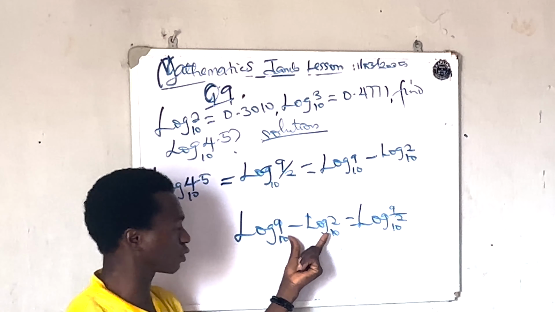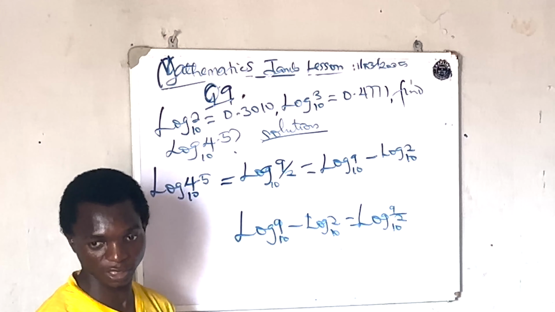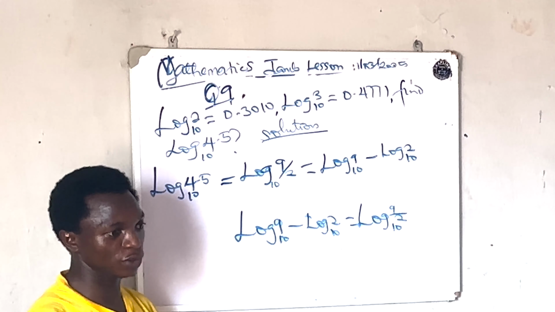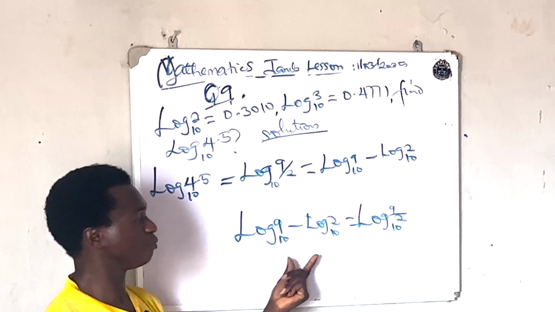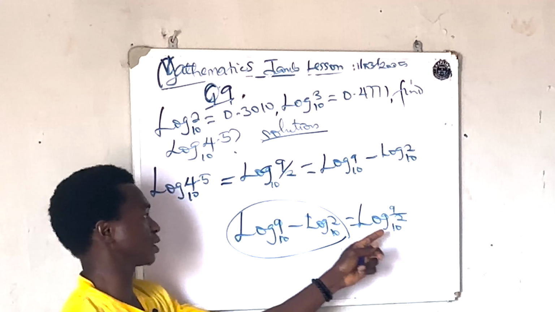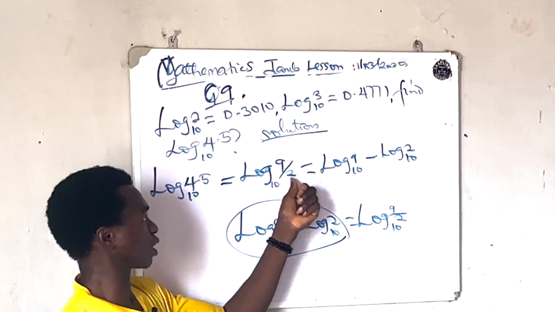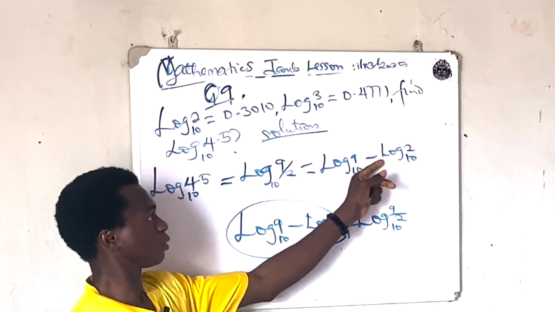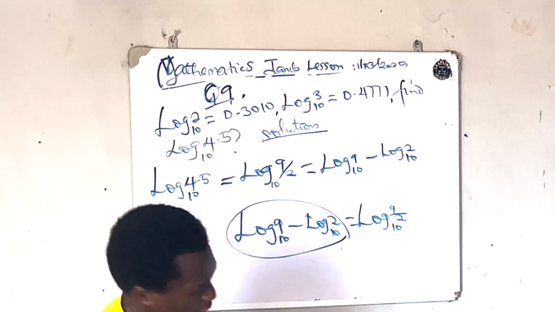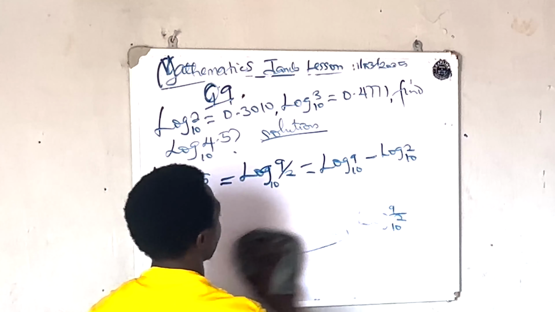Now, if two logarithms are given to subtract, what do we do? We divide them because they have the same base. So this is the same thing as this. So log 9 over 2 is the same thing as log of 9 in base 10 minus log of 2 in base 10. So that is what we have.